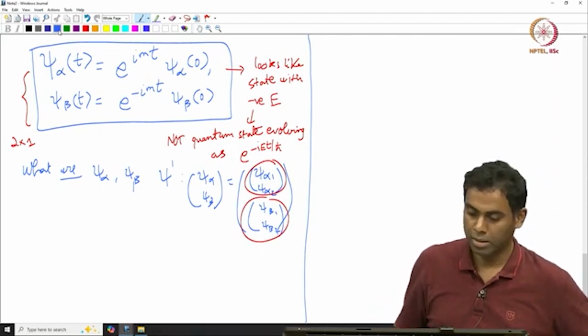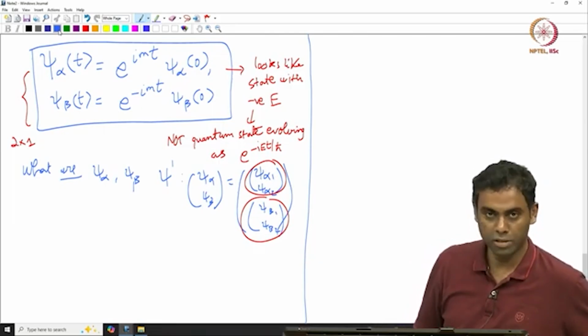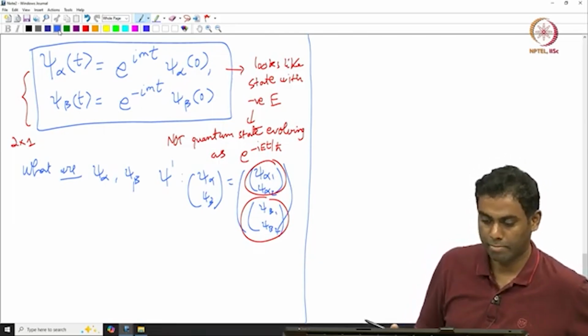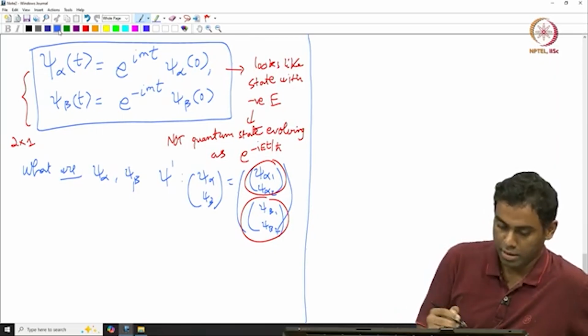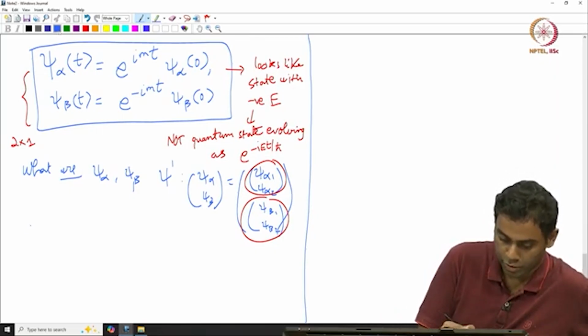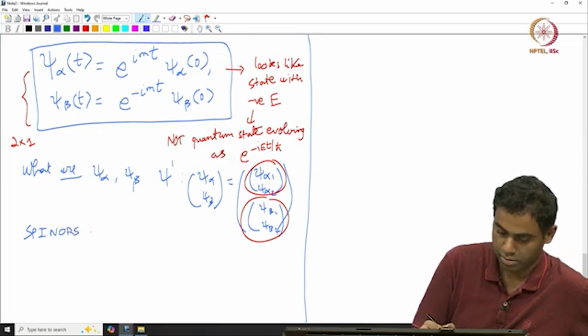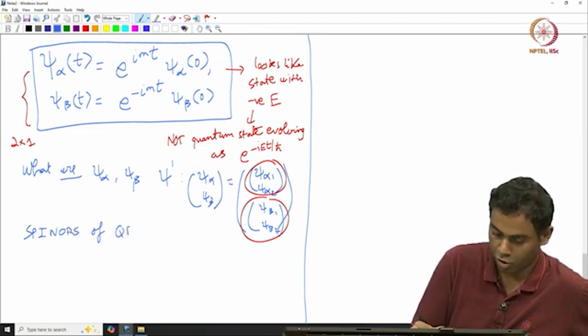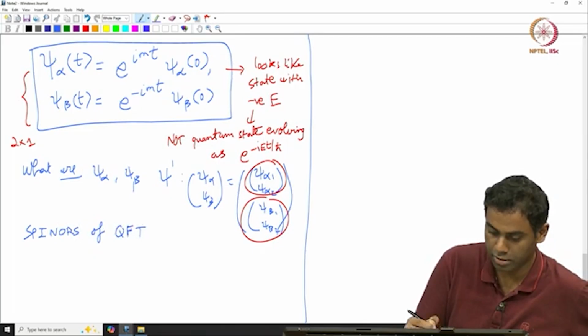So let me give you the answer first and then I will derive it. Basically these things are the spinors of quantum field theory, not of quantum mechanics. This is where I like the word spinors.